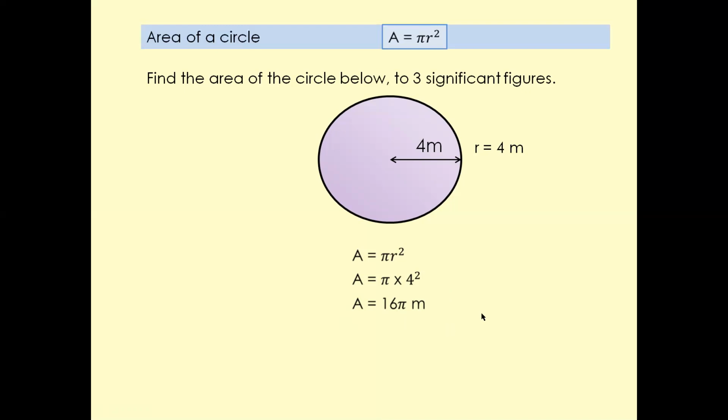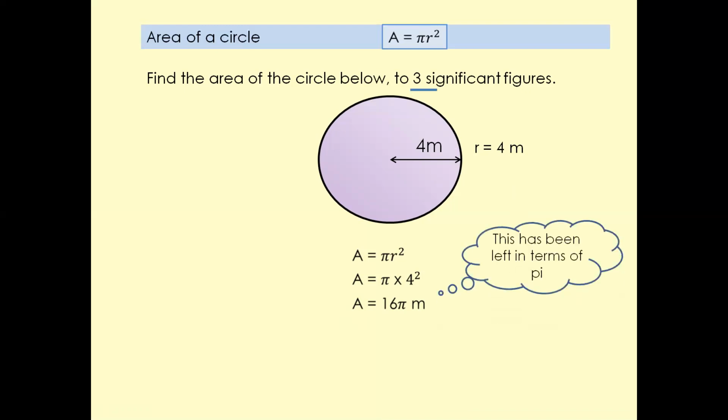Now again, it's really important to read the question properly. They don't want us to leave the answer in terms of pi. They want us to leave the answer to three significant figures. So if you plug those values in our calculator, we'll get this answer.